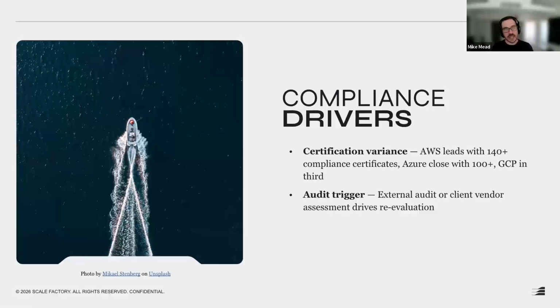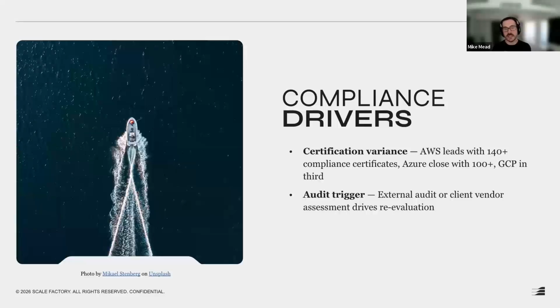The next thing is compliance drivers. Let's say, for example, you've built a workload on DigitalOcean or a smaller cloud provider, and you want to run, I don't know, a HIPAA workload. Actually, off the top of my head, DigitalOcean might be HIPAA compliant. I don't know, but I'm just using it as an example here.